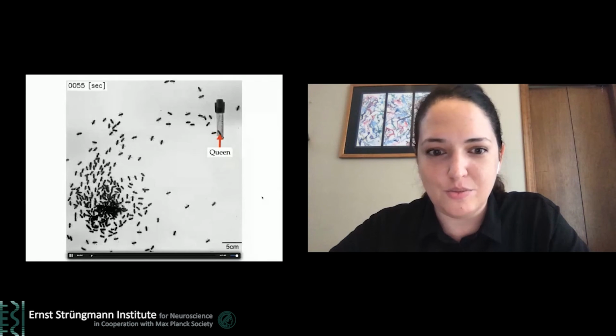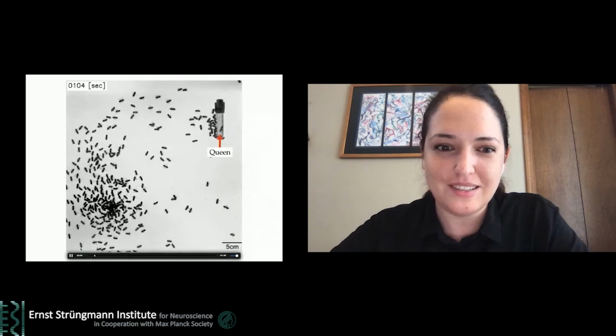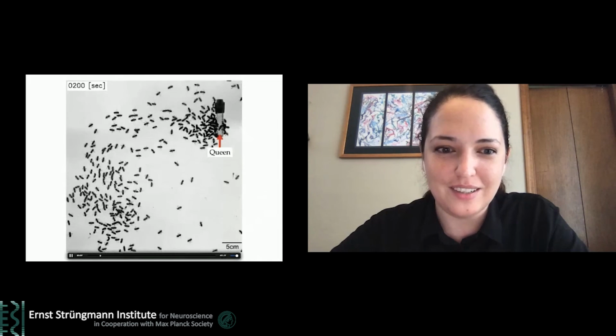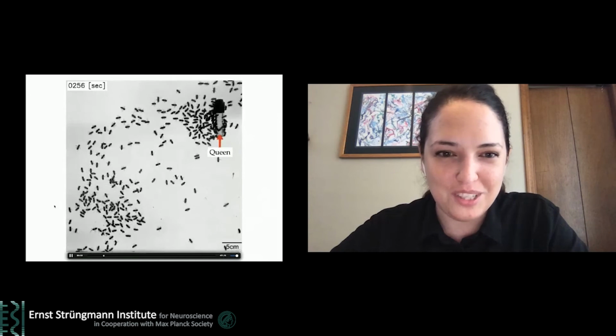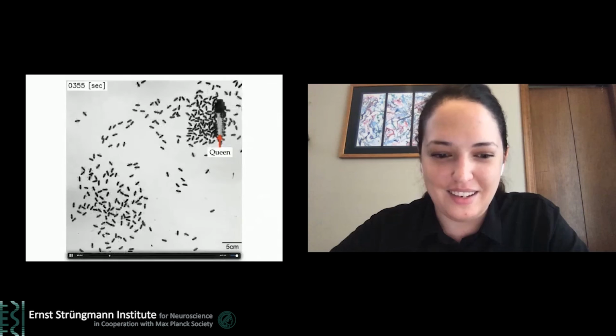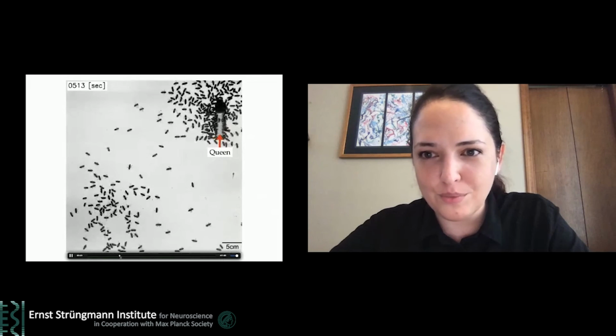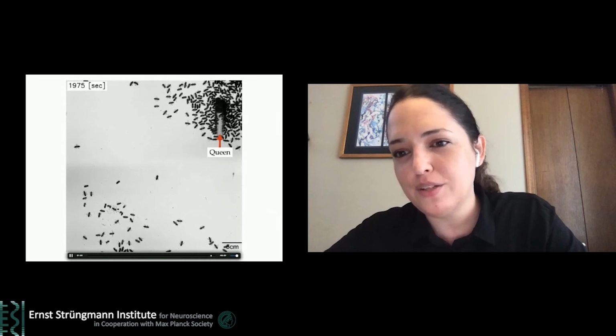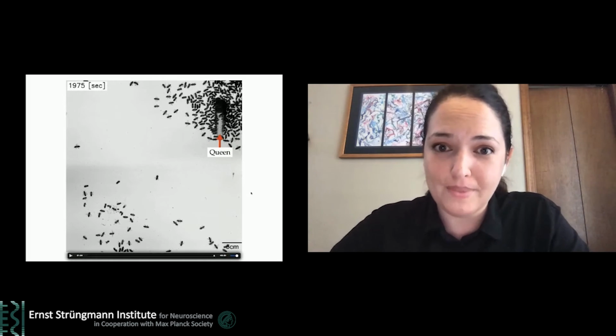And this is again sped up. We can see that there's a lot going on here. For those of you with really sharp eyes, you might be able to see that the bees are scenting. And then if I scroll forward, we can see that at the end, the bees find their way to the queen and they aggregate around the queen.